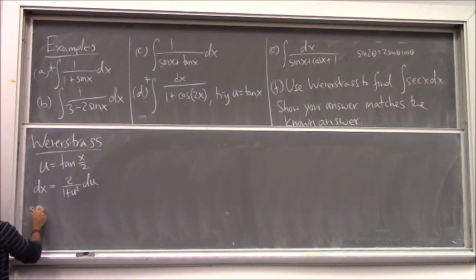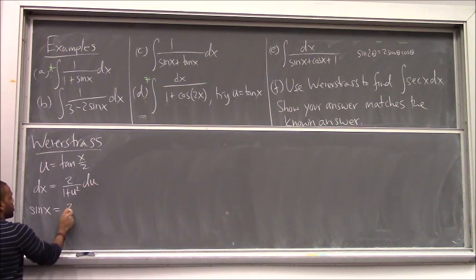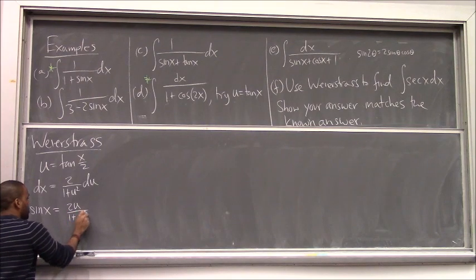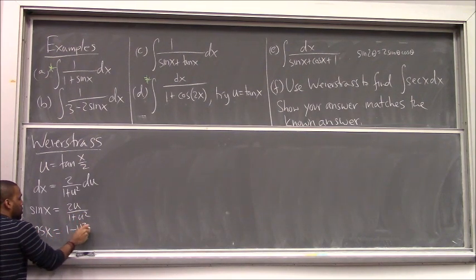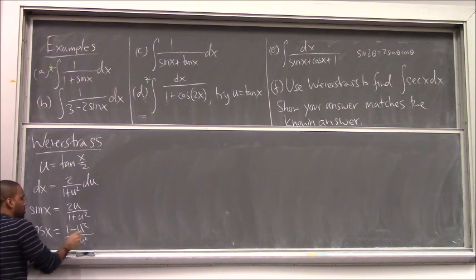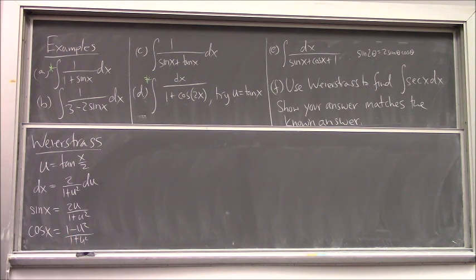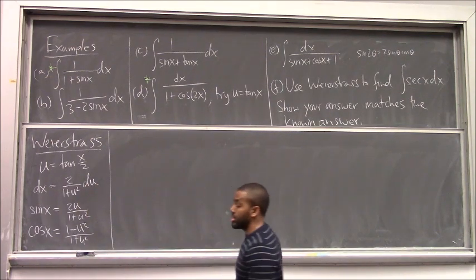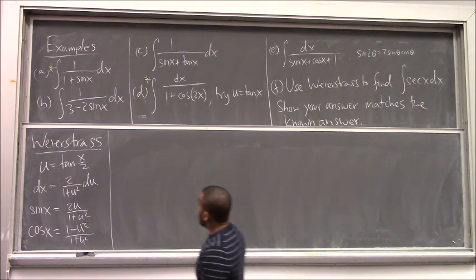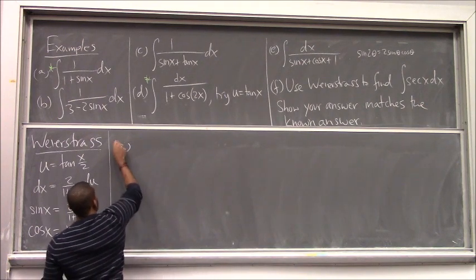What would your sine of x be? 2u over 1 plus u squared. What would your cosine of x be? You had those memorized, or you could derive them using the right triangle, SOHCAHTOA and the double angle formulas. But if you have those memorized, it makes things more efficient. So, A.